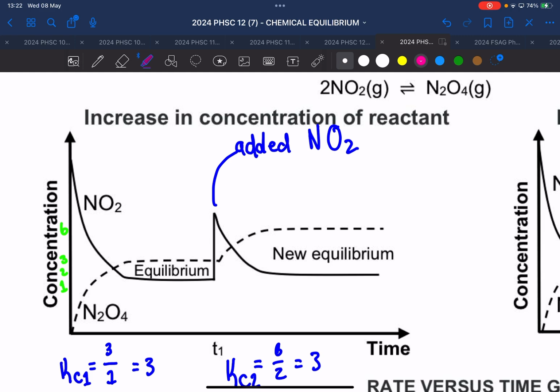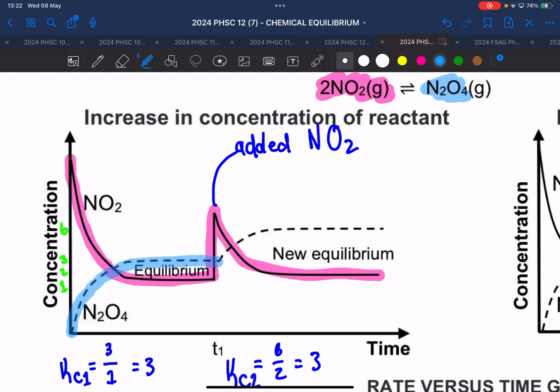Our NO2, nitrogen oxide, is represented by the solid line, and the concentration of N2O4 is represented by the dotted line. At some point at the start of this reaction, we reached an equilibrium.